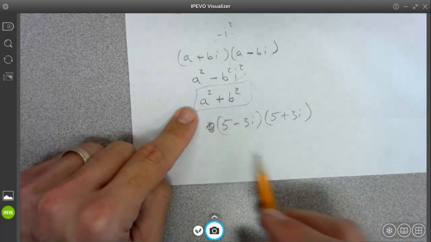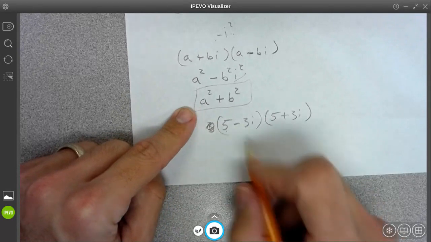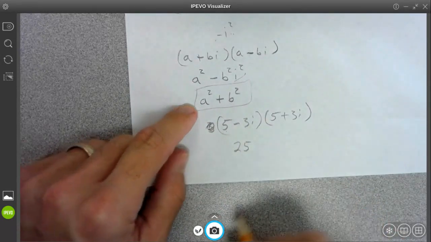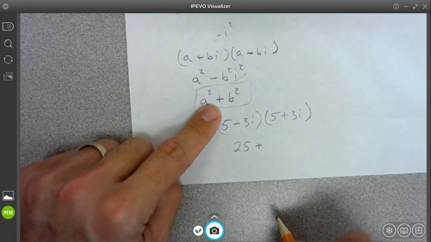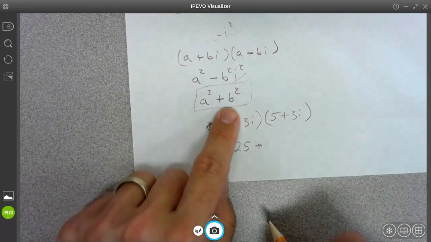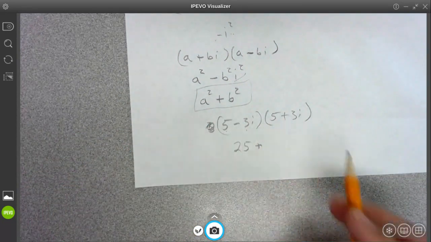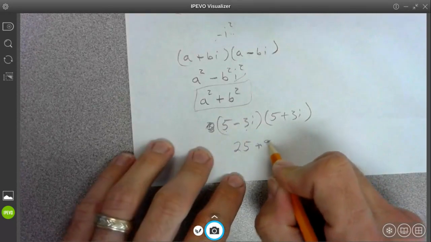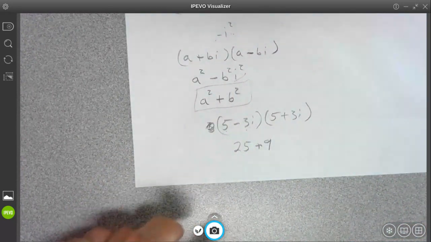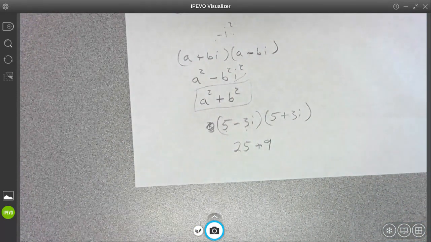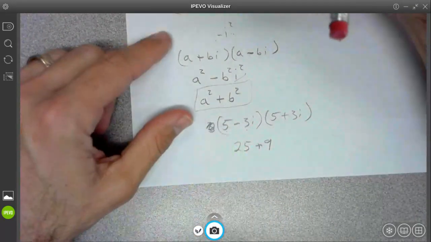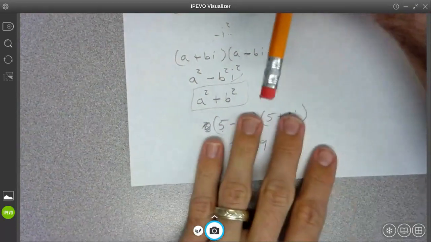The way it's going to work out is the first piece times itself, so you get 25, a plus sign, and then b squared, where b is just the 3, so that'd be a 9. I think that cuts down on the work a little, hopefully. It's something to remember. You might put that in your notes. It does help.